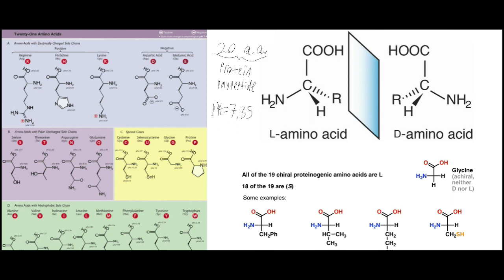So our body, at least in the blood, regulates our pH very close to this. It's usually in this range, and so these will be positively charged when it's at this physiological pH.